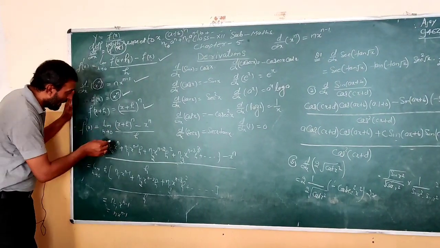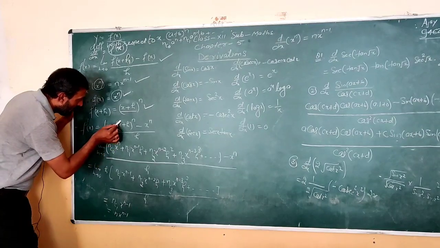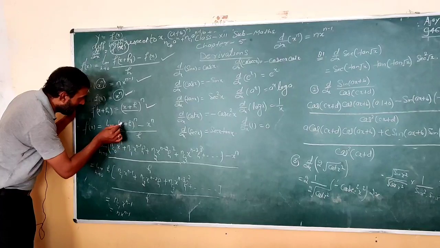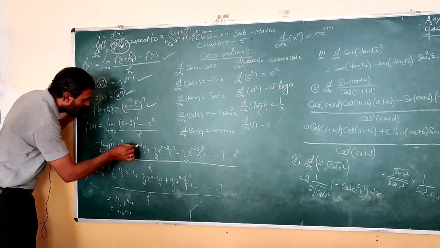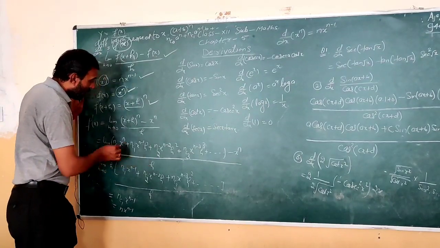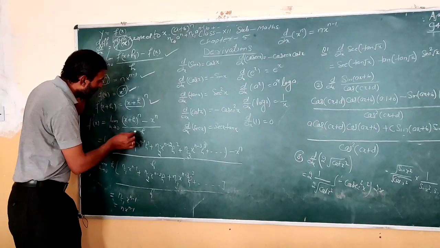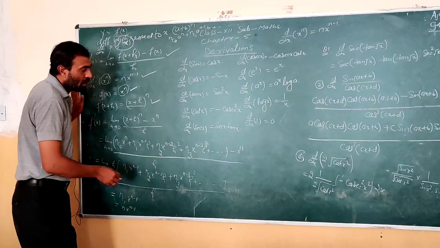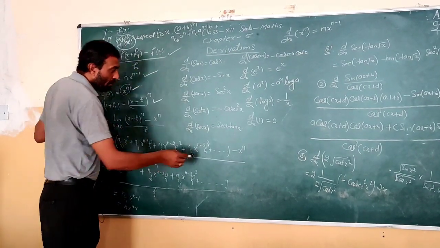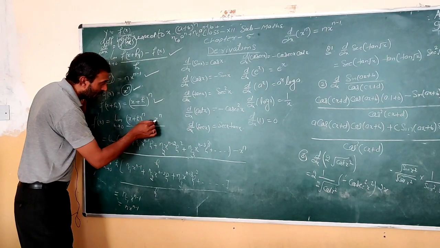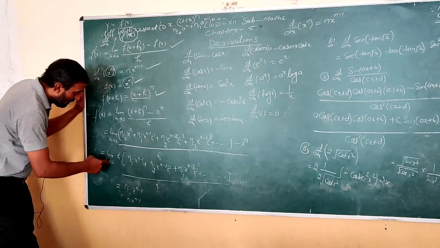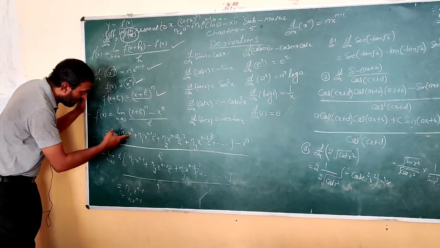So first of all, nC0 a raised to n, a means x raised to n, plus nC1 a raised to n minus 1 into b, this is h, plus nC2 a raised to n minus 2 into b square, means h square, plus it continues going on with the binomial theorem, minus x to the power n, all by h. Limit h tending to 0 is same.